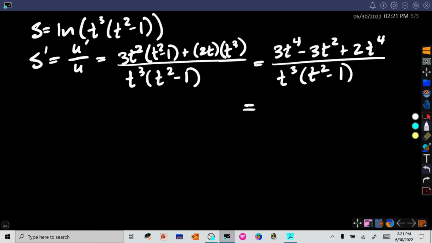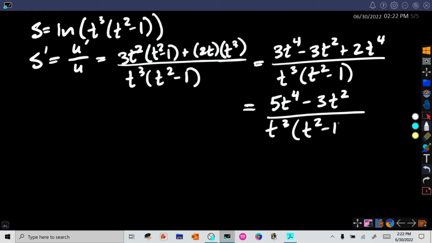So let's just combine our like terms. We've got 3t to the fourth, 2t to the fourth, so that's 5t to the fourth. I've got a minus 3t squared all over t cubed, t squared minus 1. And notice what happens. I can factor out a t squared in both the numerator and denominator.